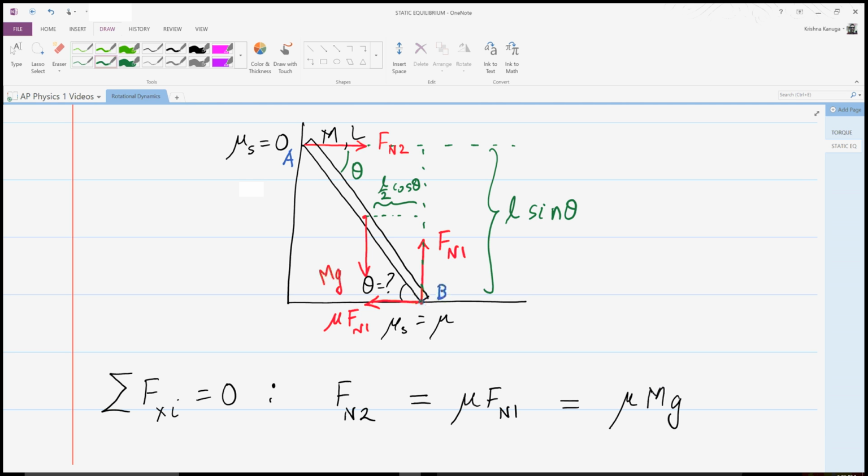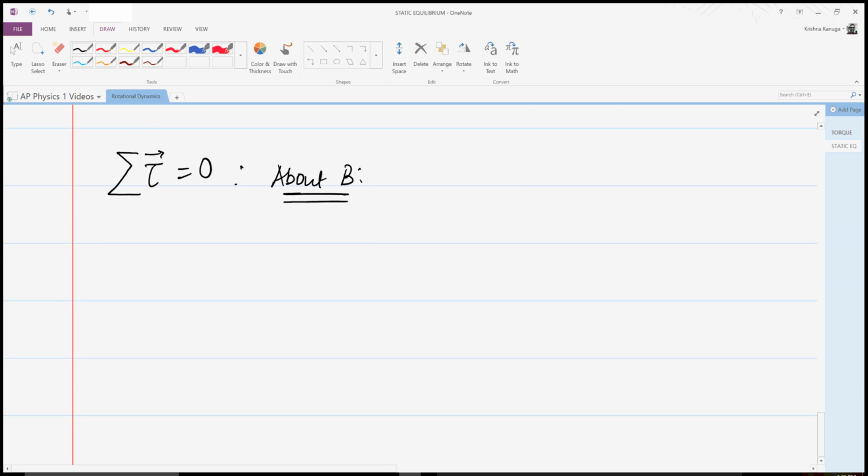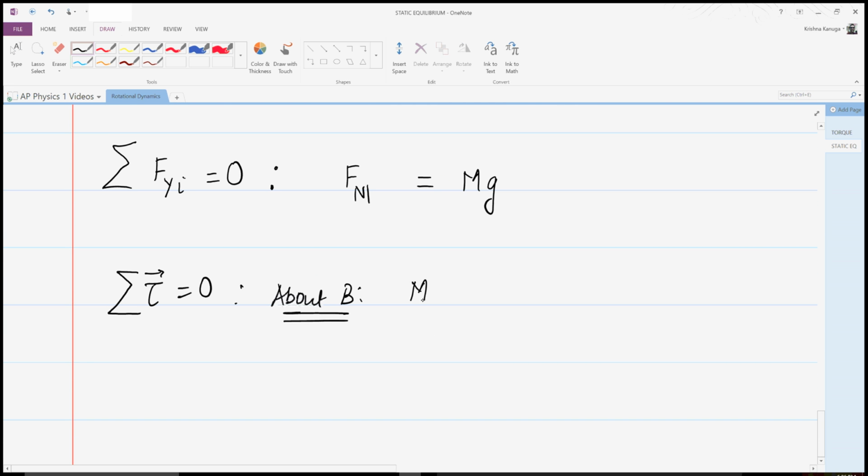Now that we have our distances and have our forces, we also notice that Fn2 will produce a clockwise rotation about B, whereas mg will produce a counterclockwise rotation. So we can use all these things and write now our net torque about B as mg times L over 2 times cosine of theta is equal to Fn2 times L times sine of theta.